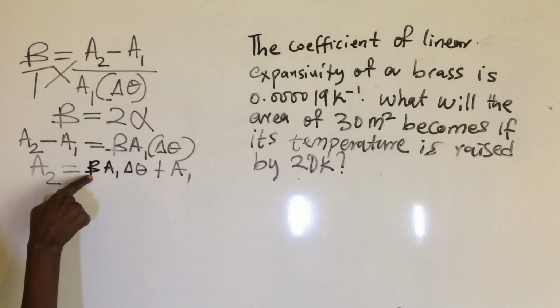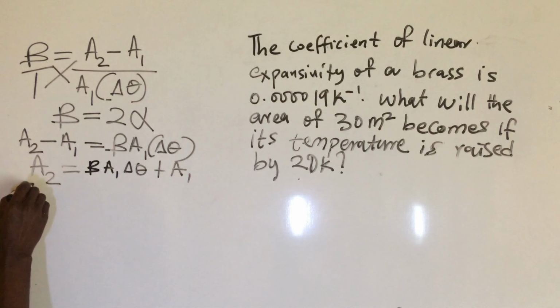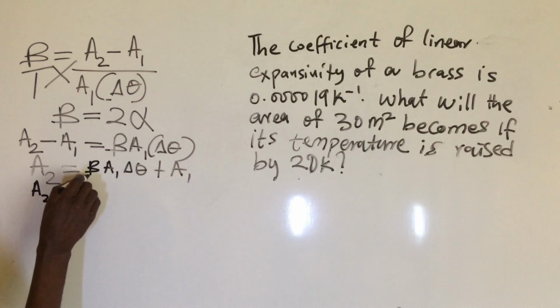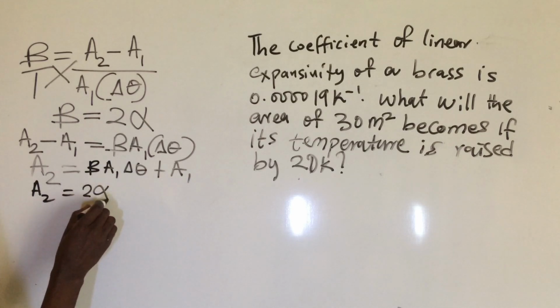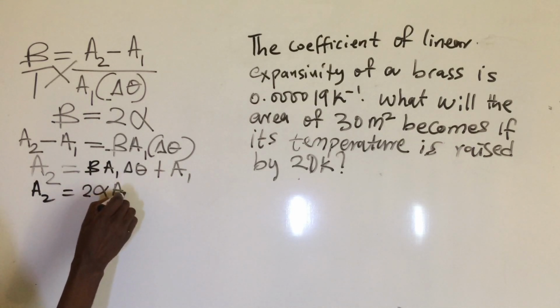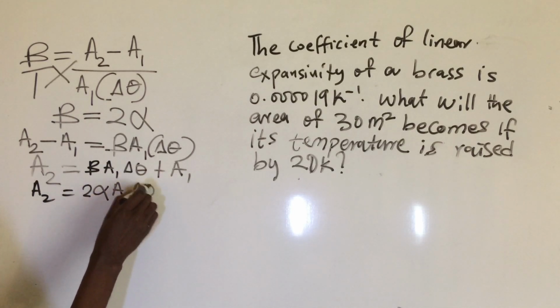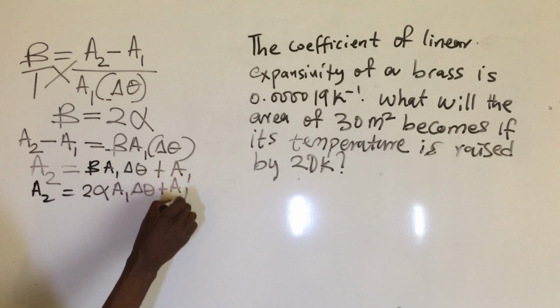Now let us substitute beta with 2 alpha, so A2 equals 2 alpha A1 change in temperature plus A1.